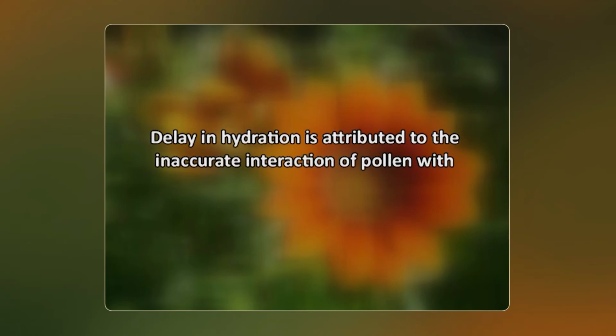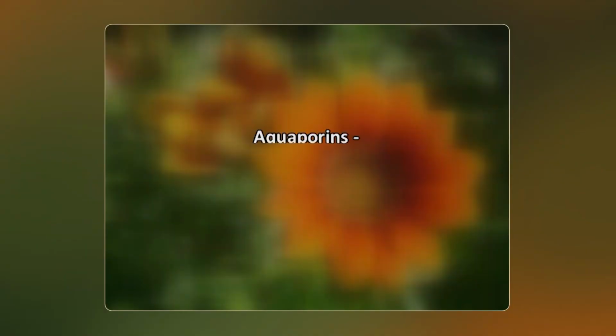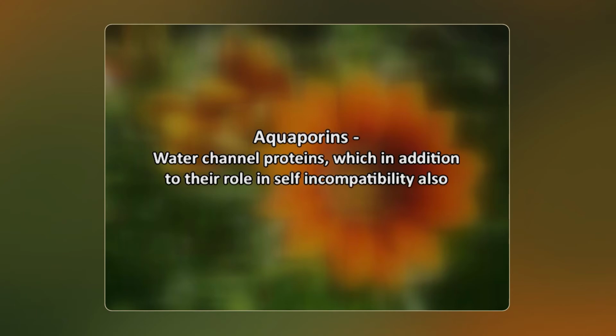The delay in hydration is attributed to the inaccurate interaction of pollen with stigma owing to this mutation, which indicates that this protein may also have a role in pollen hydration. The pollen hydration also implicates stigmatic proteins called aquaporins. Aquaporins are water channel proteins which, in addition to their role in cell incompatibility, also regulate the process of pollen hydration.